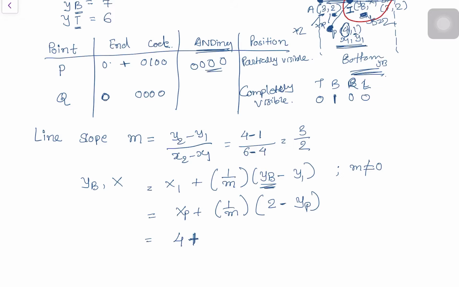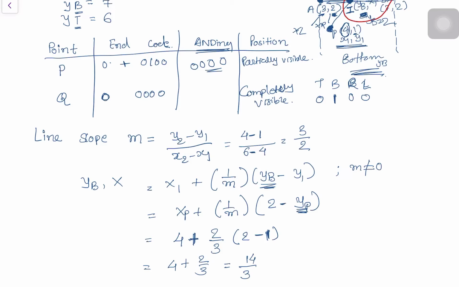So let us take the value 2 by 3, 2 minus 1, point of yp is equal to 1. So let us solve this equation. 4 plus 2 by 3 is equal to 14 by 3.